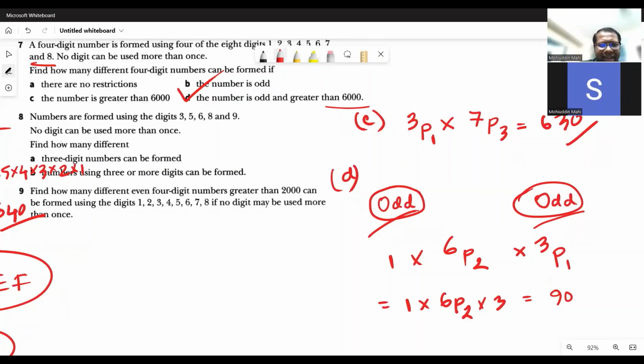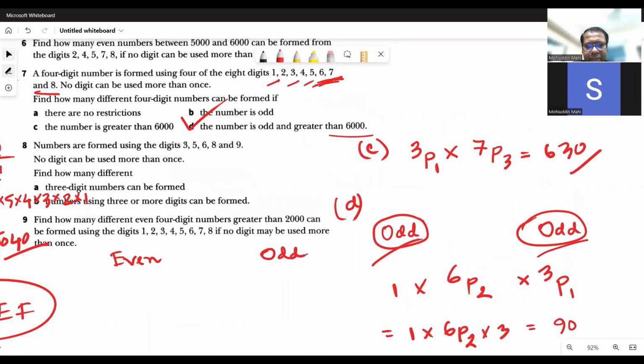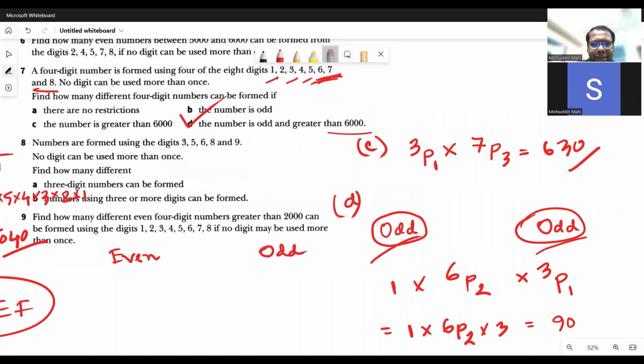Now we will consider even and odd. At the first position, we will put an even number. And at the last position, we will put an odd number because the number has to be odd. So let's put the even number first. We can only put 6 or 8.